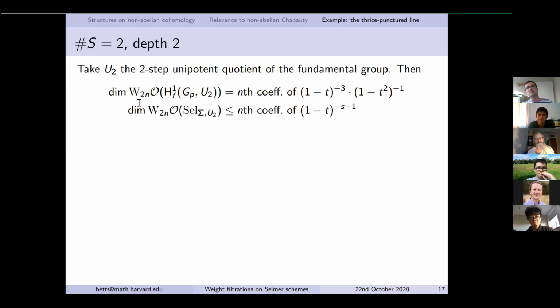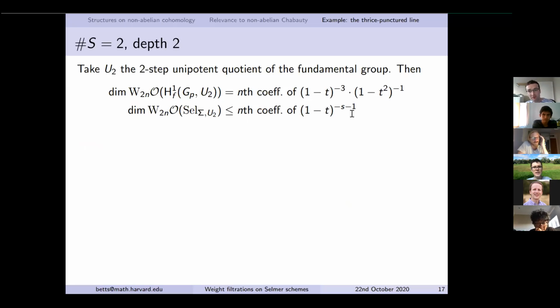The dimension of the weight 2n part of the affine ring of the local Selmer scheme is the nth coefficient of this particular power series, while the dimension of the weight 2n part of the affine ring of the global Selmer scheme, we don't know exactly, but we can upper bound it by the nth coefficient of this particular power series.